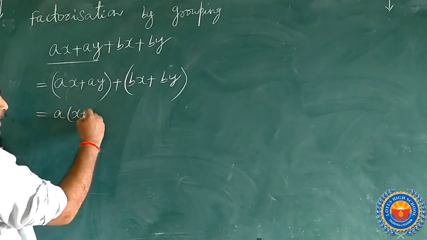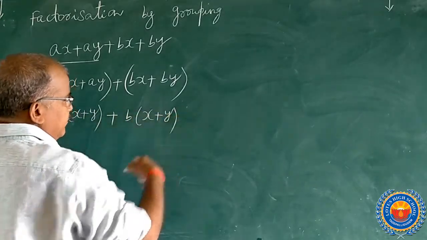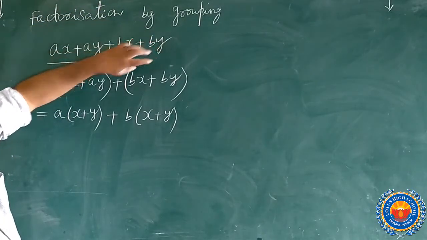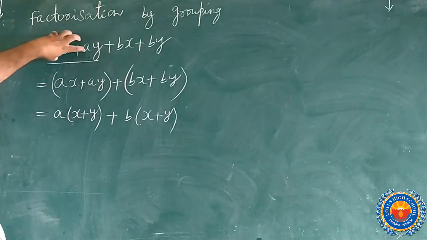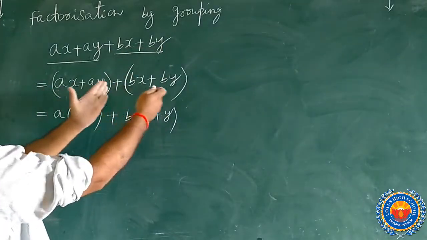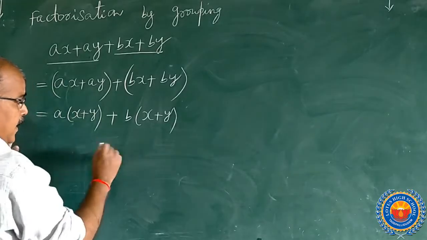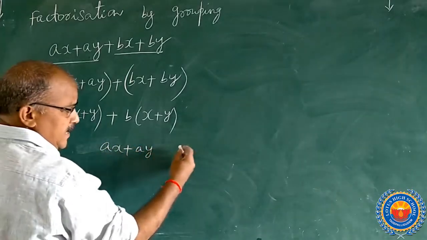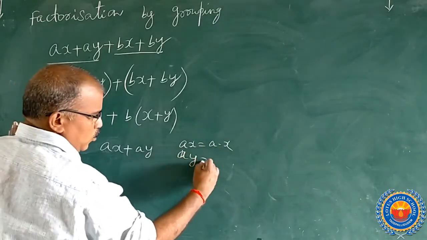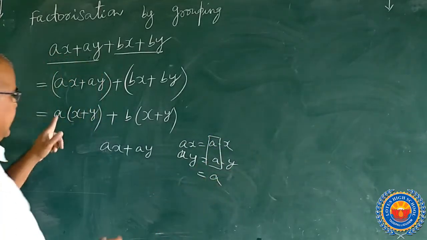Ax is a into x, ay is a into y. So a is common, that's why I have taken a.